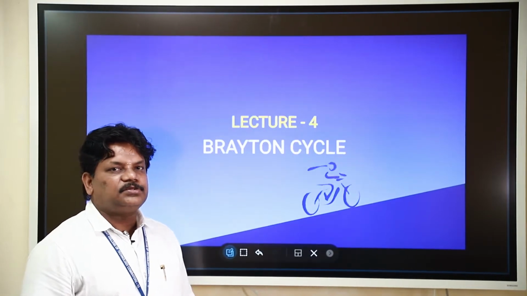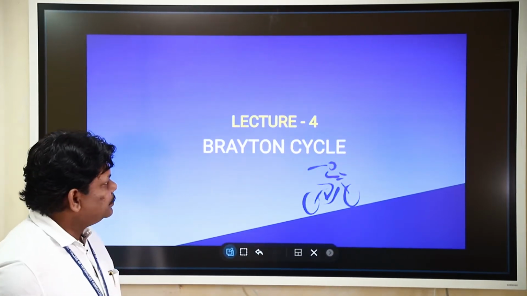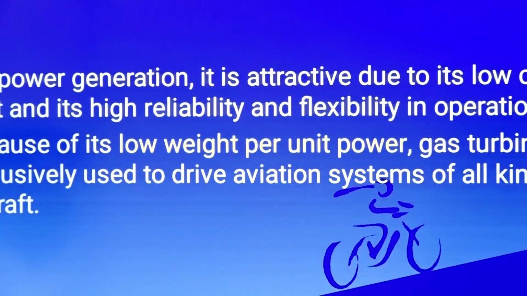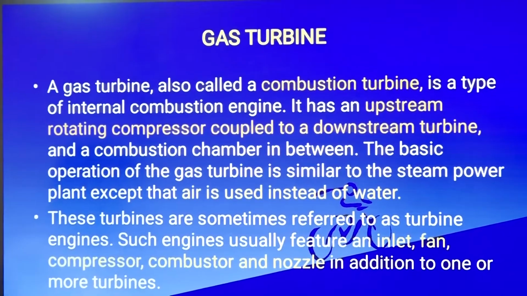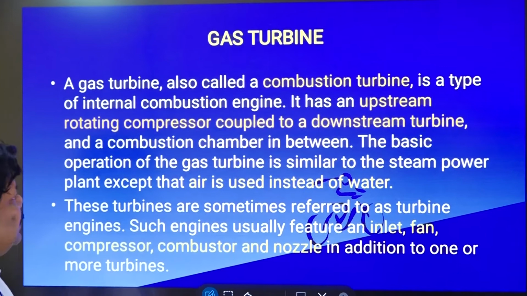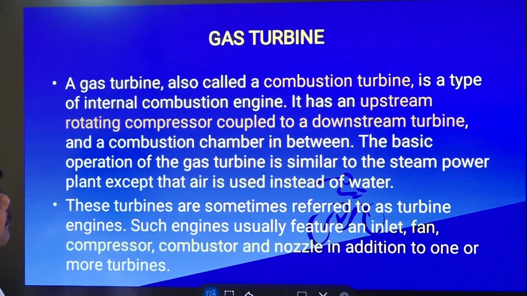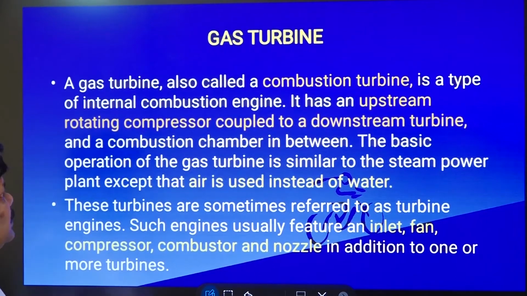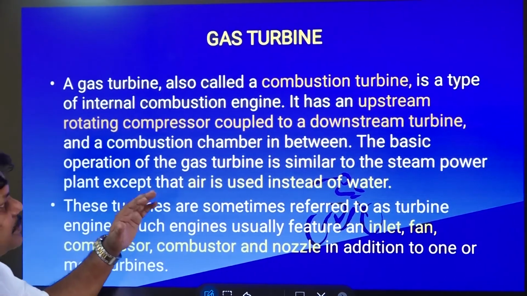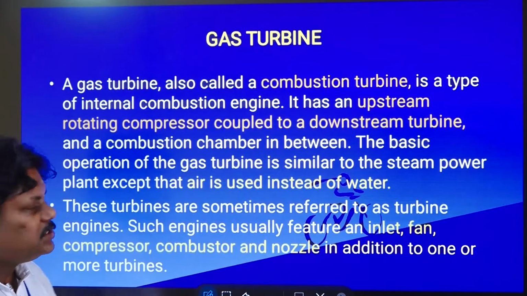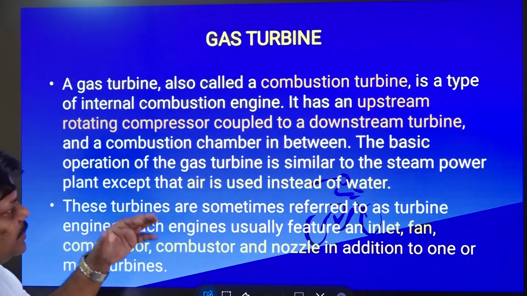You can see that the Brayton cycle is a gas turbine, which is also called a combustion turbine. It is a type of internal combustion engine. It has an upstream rotating compressor which is coupled to a downstream turbine, and a combustion chamber in between them.